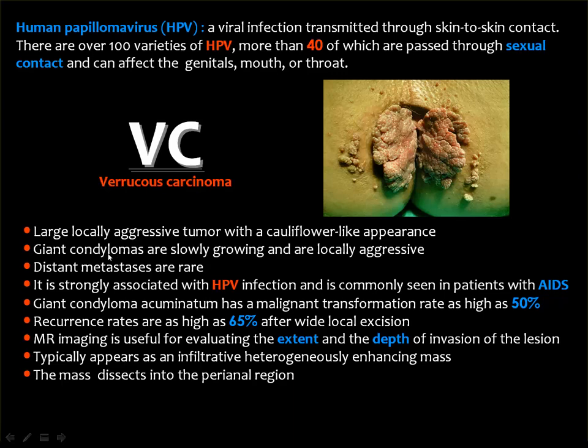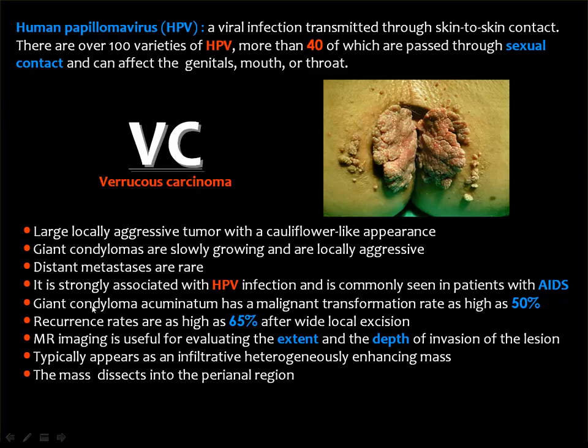And giant condylomas are slowly growing and locally aggressive. The distant metastases are rare, but this lesion is strongly associated with human papillomavirus and is also commonly seen in patients with AIDS.